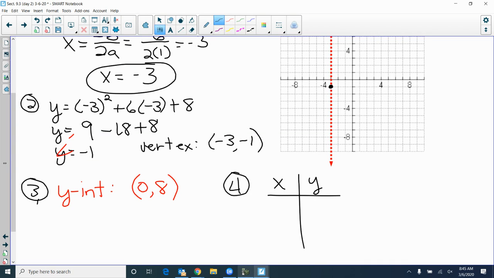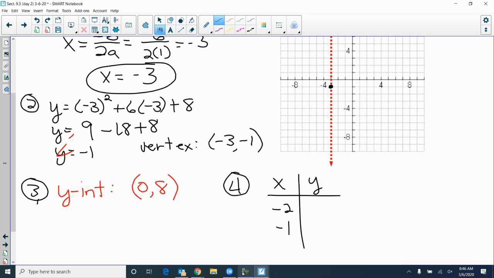They have to be the closest ones to the axis of symmetry: -2, -1. You cannot use 0 because that is the y-intercept. You need to plug those both into your equation and see what you get.